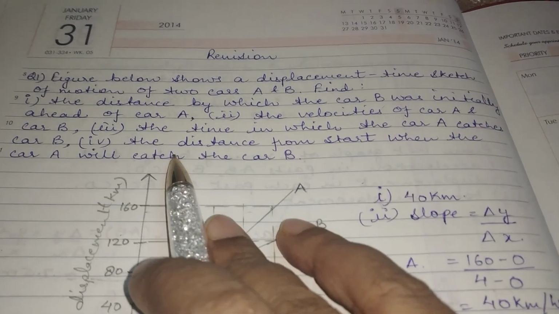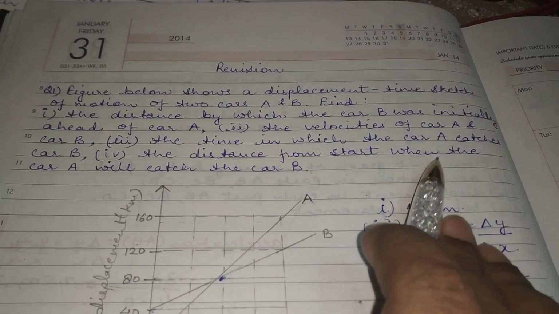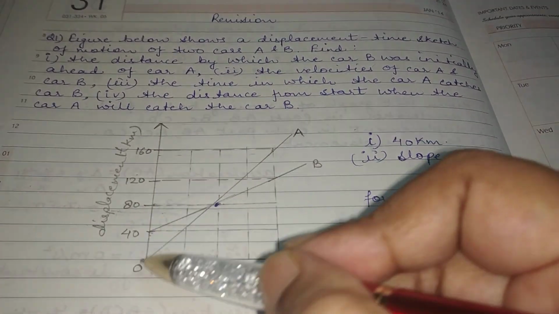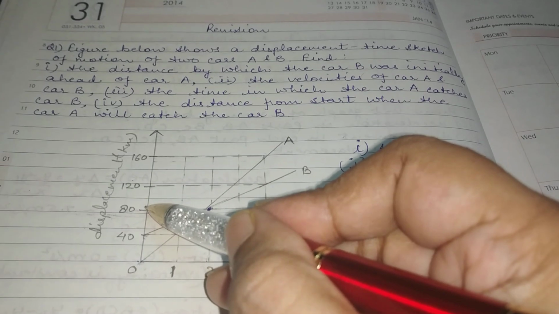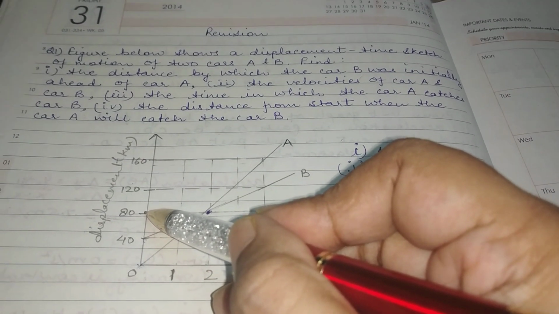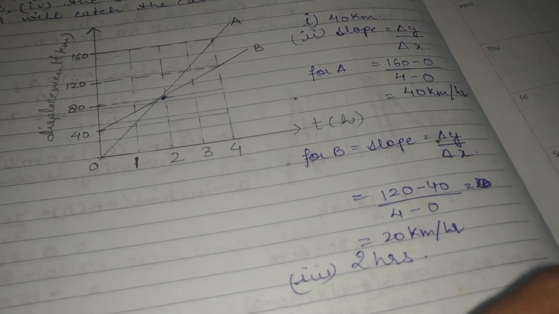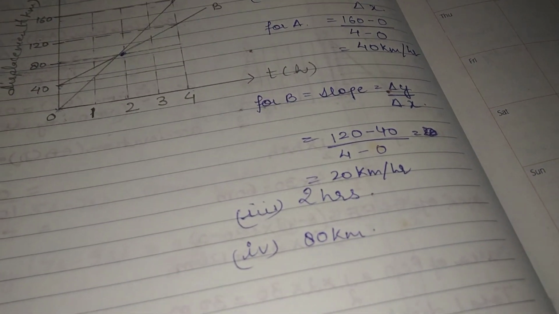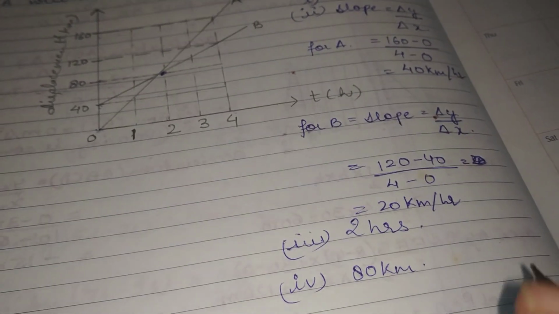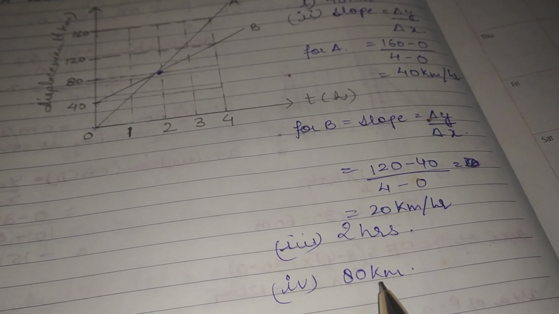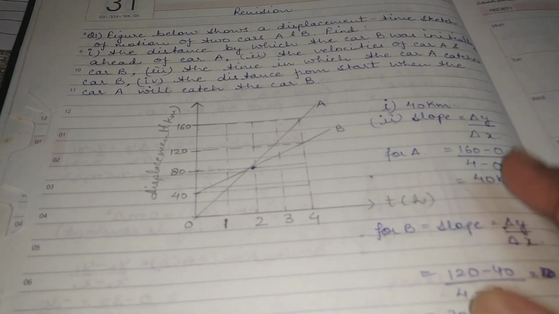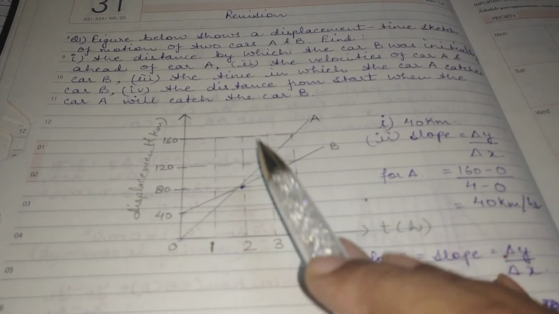And the last part, the distance from start when car A will catch car B. Now you can see the displacement here. Across this point, they are meeting at a displacement of 80 km. So that means the answer for part 4, the distance at which both the cars will meet, will be 80 km. So that is how you have to solve these kinds of question, where you don't have to calculate much, but you should know how to read the graph.